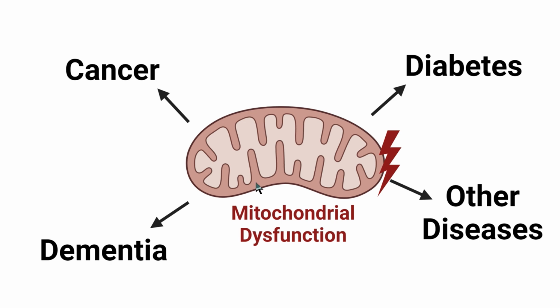And they start thinking that what they are studying is the reason for these diseases. I don't go that far. I think that our body is multifaceted, our cells are multifaceted, and there's a number of contributors. But mitochondria is associated to diabetes, different types of cancers, dementia, and many, many other diseases as well.